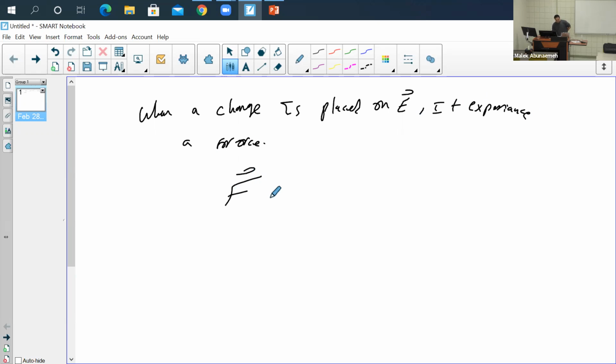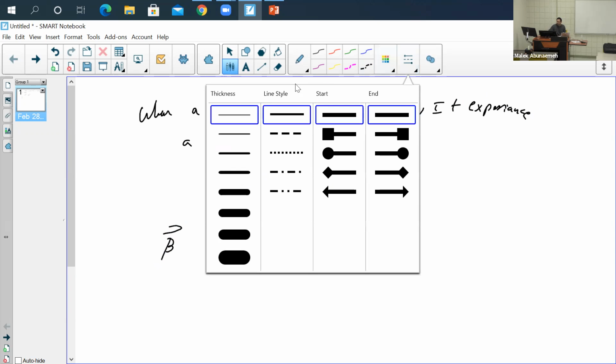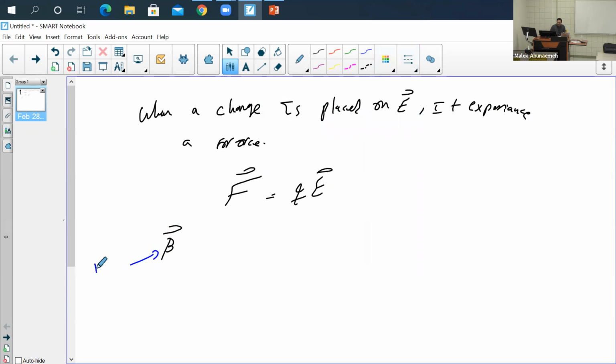This force is going to equal that charge multiplied by the electric field. Now, that's where we're going to introduce something called beta, and that would be the magnetic field. And let's say F, that's the force on the charge.